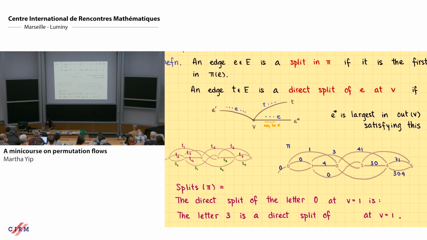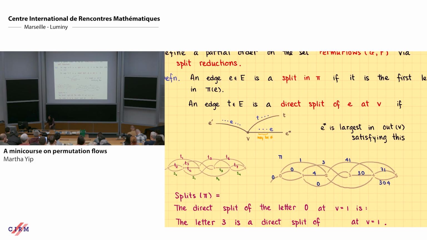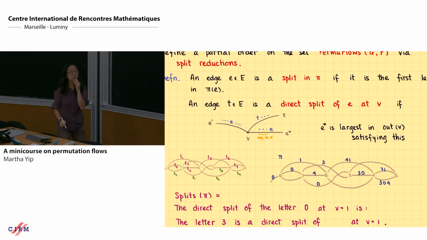All right, so what are the splits of this pi, with this as a reference for what I'm naming the edges? We want the edges whose first letter is the index for that edge.